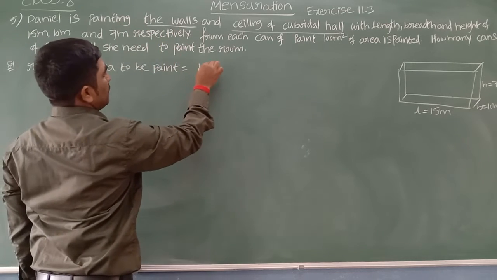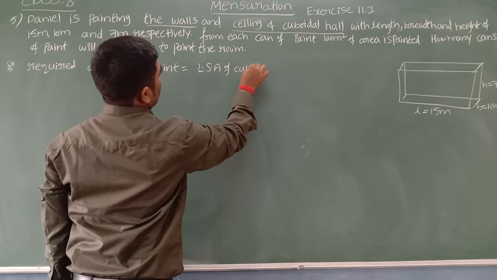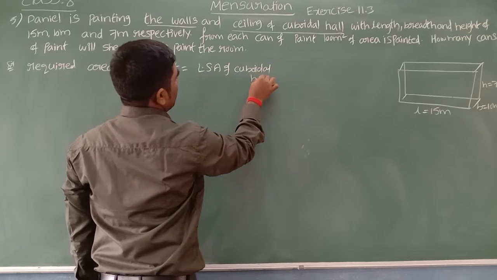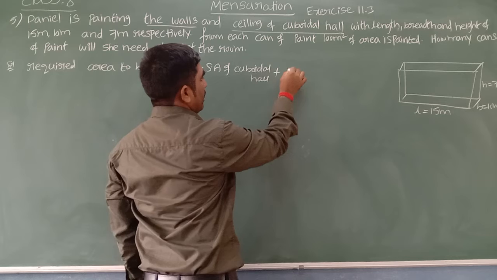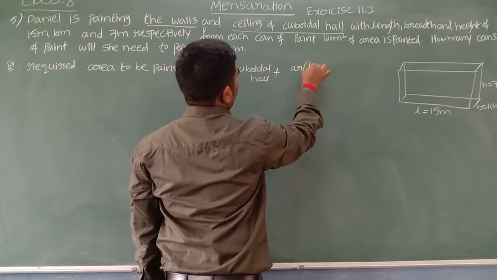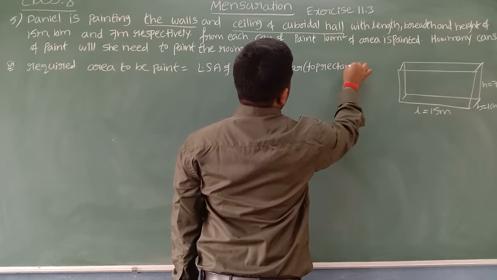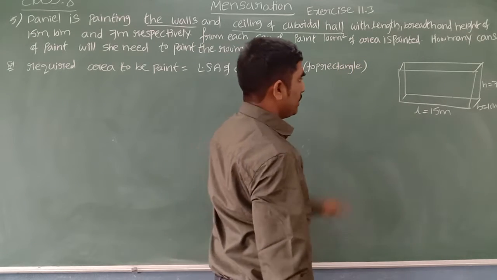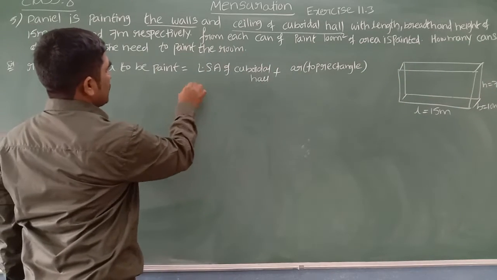It means LSA of the cuboid, LSA of the cuboidal hall plus the ceiling of the cuboidal hall. It means the area of the top rectangle. Ceiling means the area of the top rectangle. So you can find the LSA of the cuboid hall.